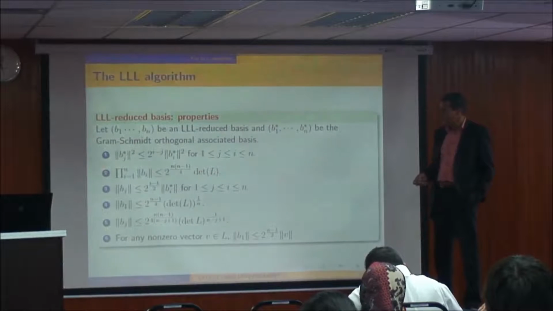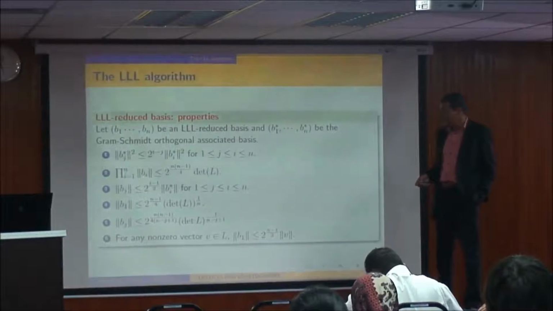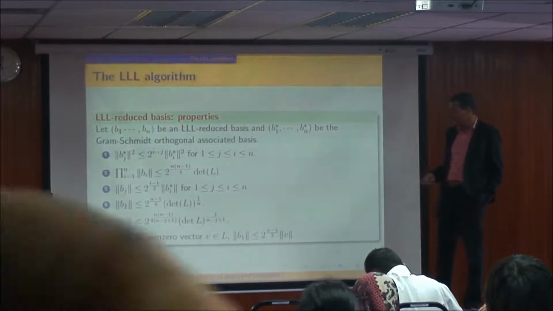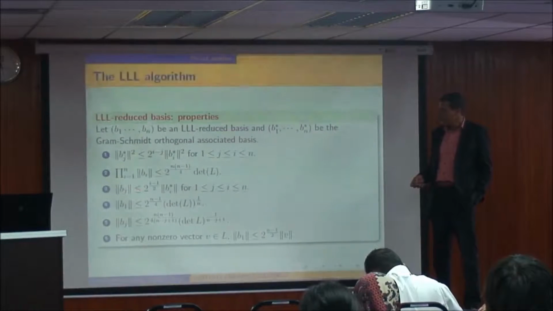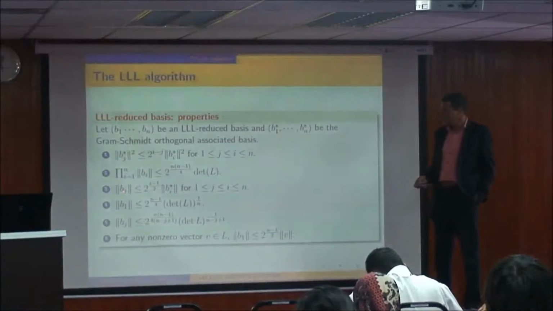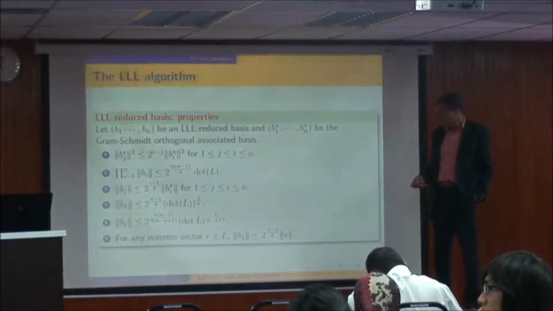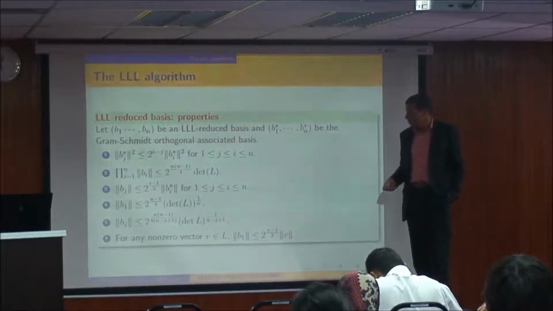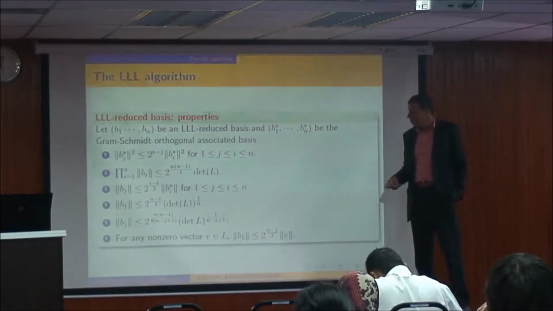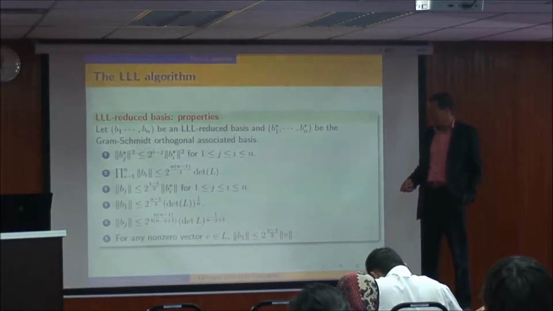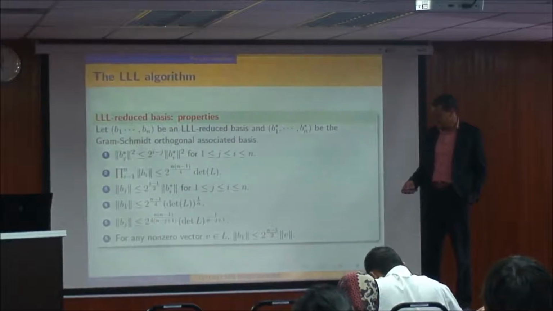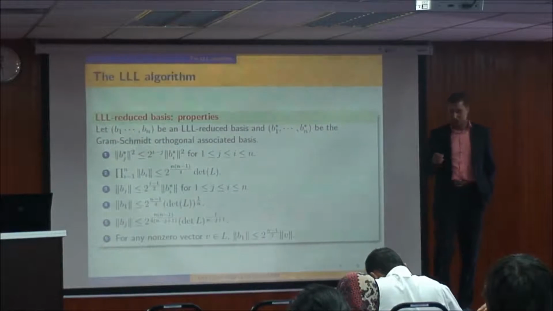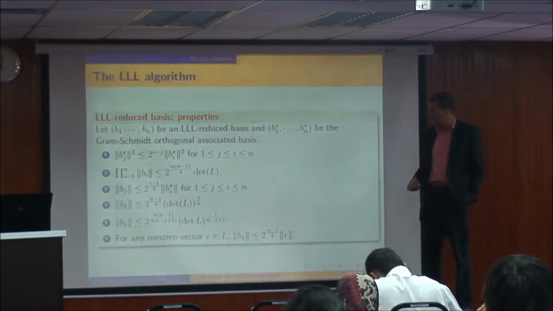For example, all the norms are less than this bound, and also a vector of the basis has a norm shorter than this bound. Also, the first vector of the basis has norm less than this bound, and this bound is used more generally to find the solutions of Diophantine equations, for example.